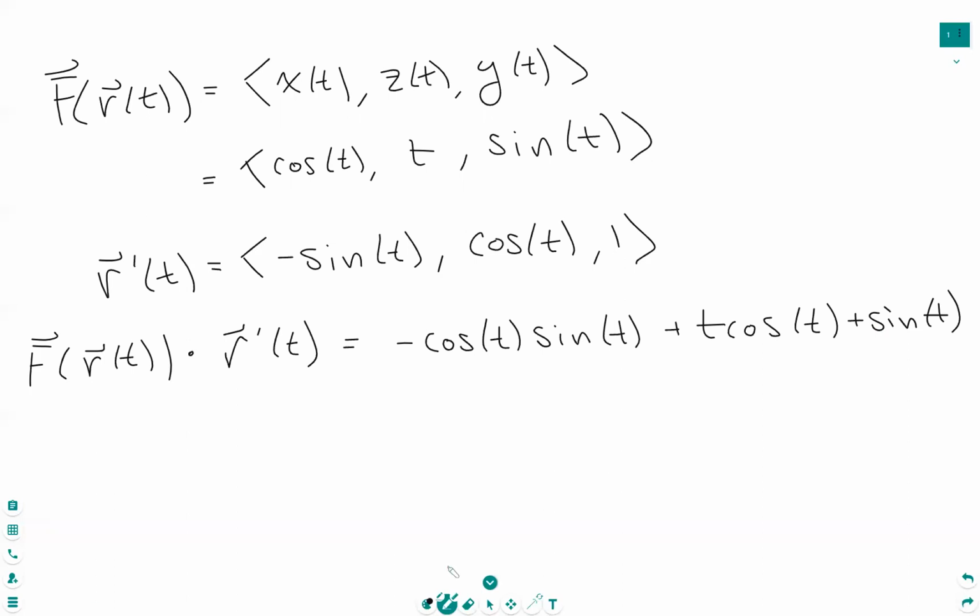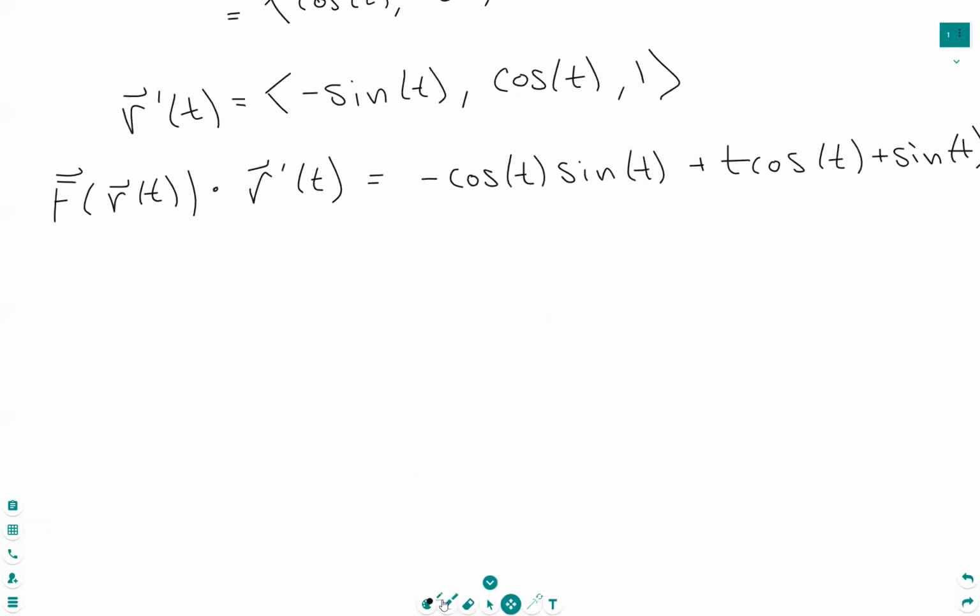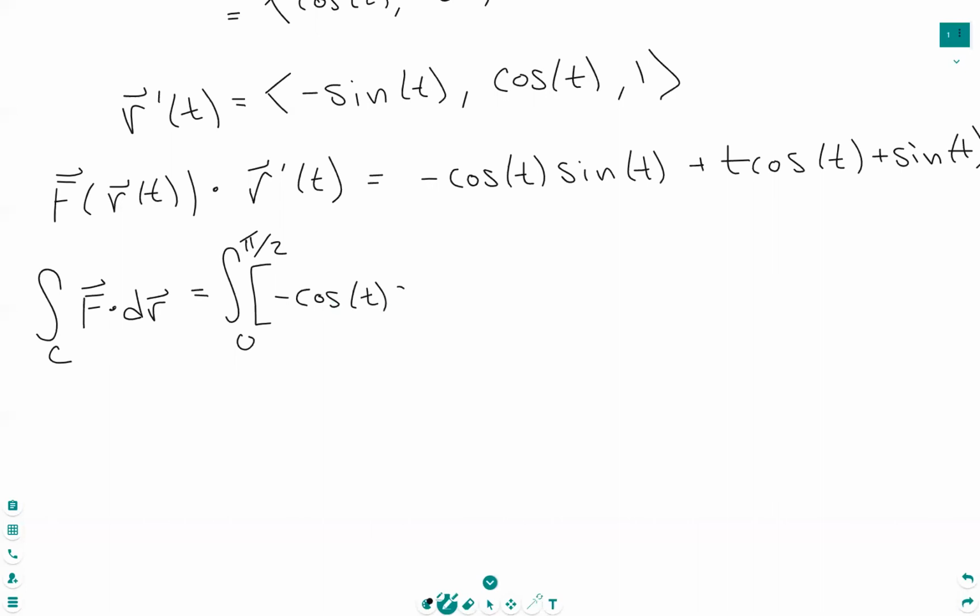So my line integral over this helix of F dot dr is the integral from 0 to pi over 2 of negative cosine of t sine of t plus t cosine of t plus sine of t, dt.